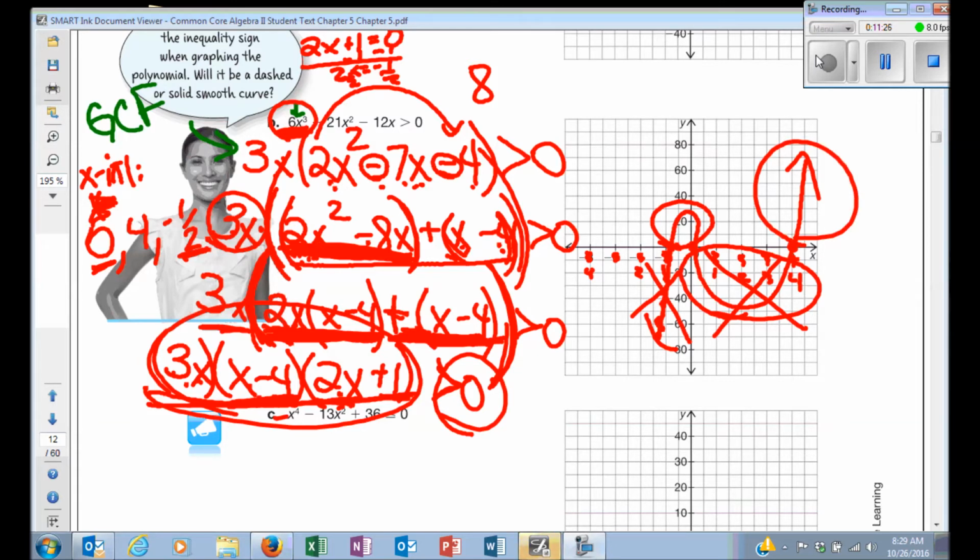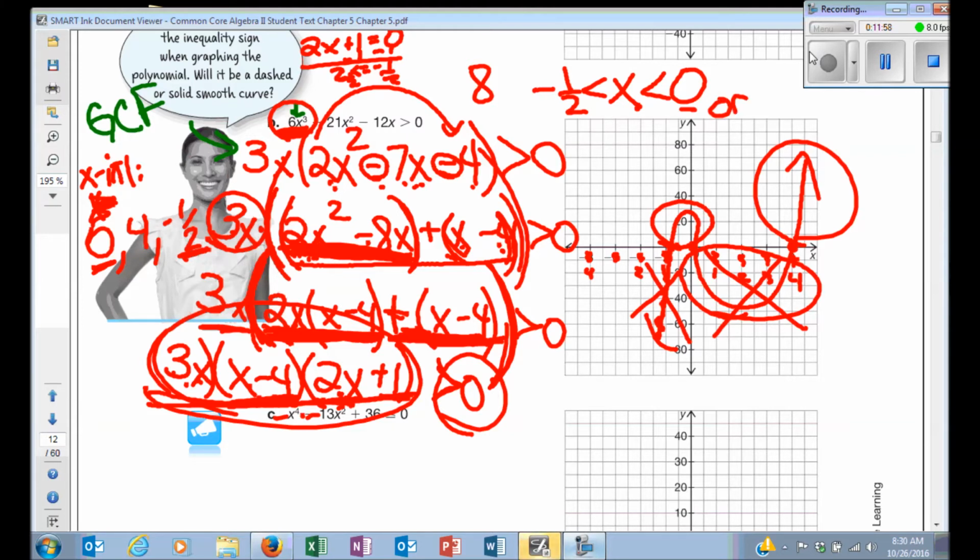Are you guys following me with how to do this? Yes? So my answer should have been negative 1 is less than x, which is less than 0. If you took any x's in this section and put it into this equation down here, what do you know about your value? It's going to be positive.